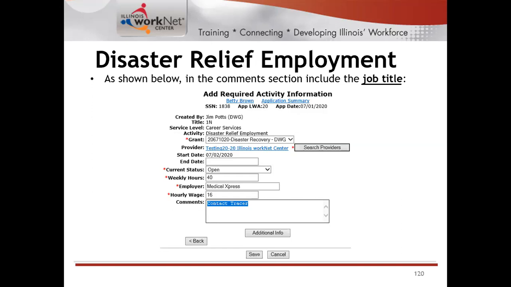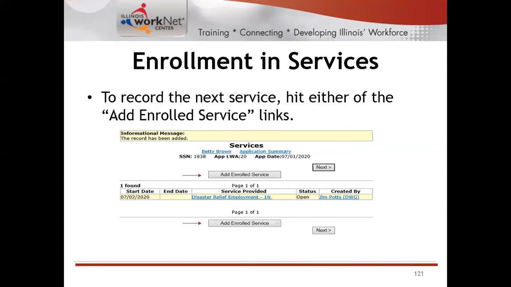Thank you. The next topic for enrollment services is something I want to cover right now in IWDS. There's a change request in, and there's going to be a new service level. Right now you'll notice that disaster relief employment is showing up under career services.